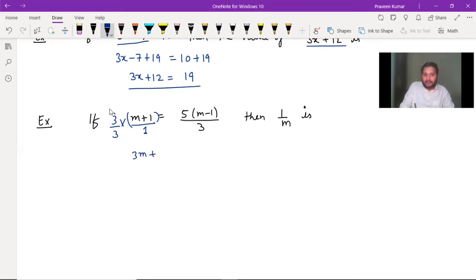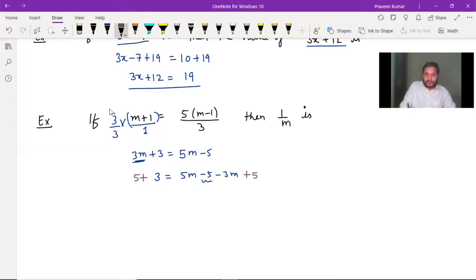It will become 3m plus 3 is equal to 5m minus 5. Now we will separate variables and constants on both the sides. So this is plus 3m. It can be eliminated by adding minus 3m on both sides. So 3 will become 5m minus 5 minus 3m. Now I have to eliminate this minus 5, so I will add plus 5 on both sides.